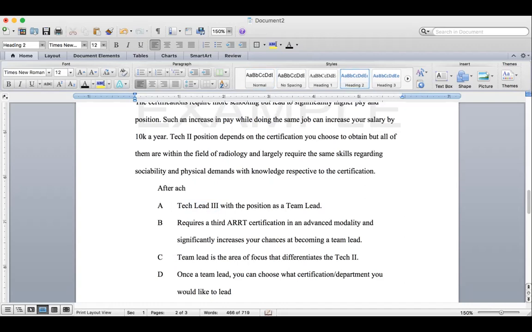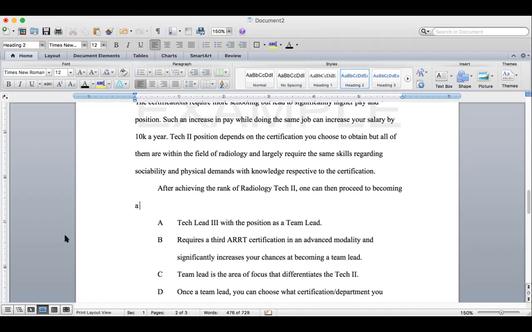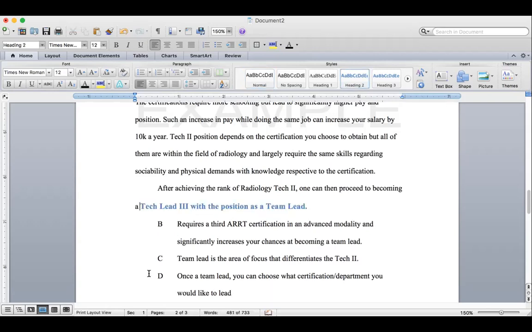After achieving the rank, you can say, I don't know if you want to say rank, but radiology Tech 2, one can then proceed to becoming a tech. Oh, okay, yeah, I'm going to cap. All right, Tech Lead 3.